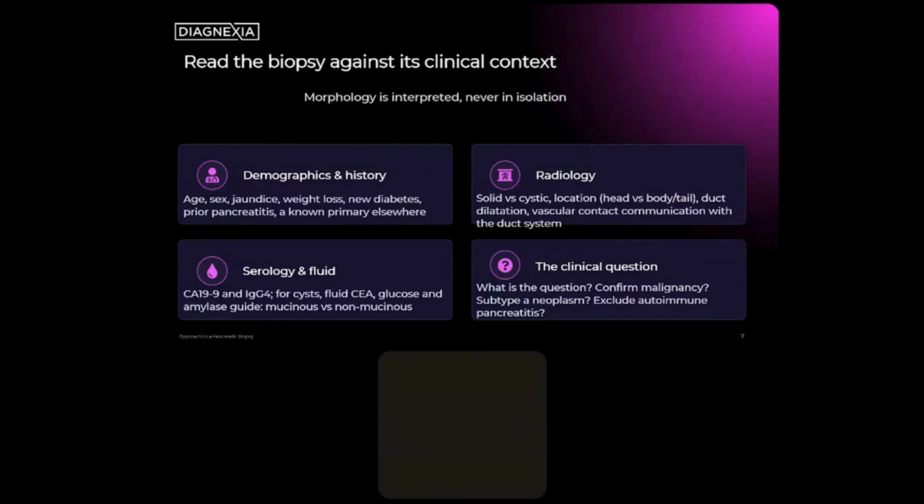Why have they done it? What do they need? Is it to confirm malignancy? Is it to subtype a malignancy that's suspected on the radiology? Is it to exclude autoimmune pancreatitis, chronic pancreatitis, exclude malignancy? And so therefore we have a critical role in making a diagnosis before the patient has definitive surgery.